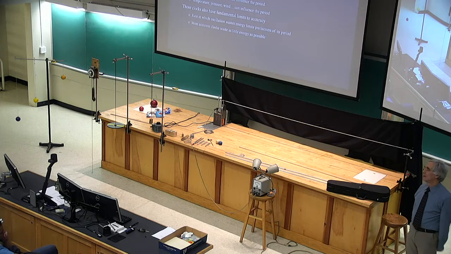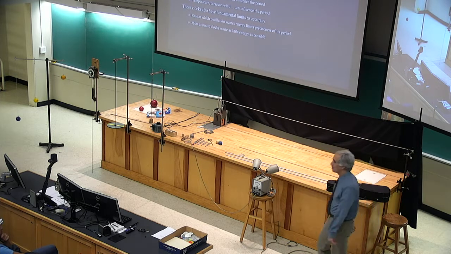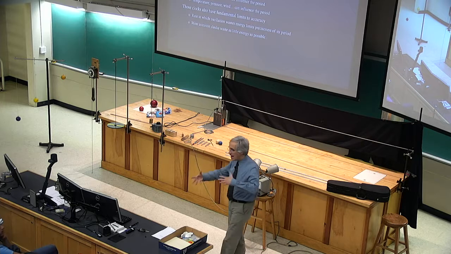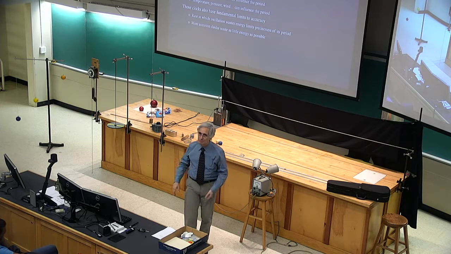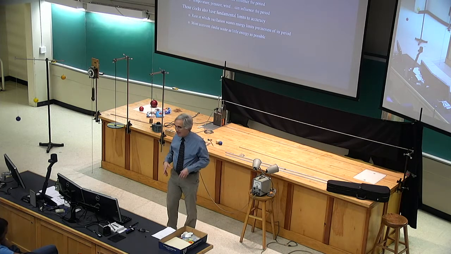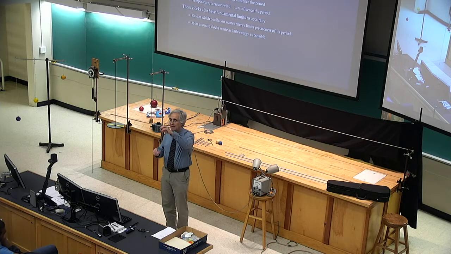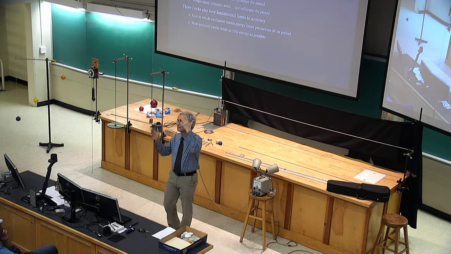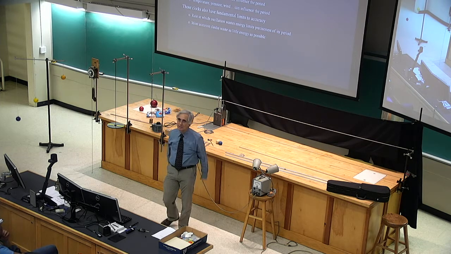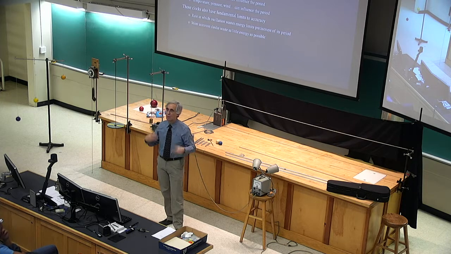What do you do? Well, any decent pendulum clock is compensated for this effect. They use different materials that have different expansions with temperature to make a pendulum. It's a composite assembled pendulum that has different pieces and that manages to keep the distance between its center of mass and the pivot constant even as the temperature goes up and down. This is the kind of trick that inventors come up with, and it all works.